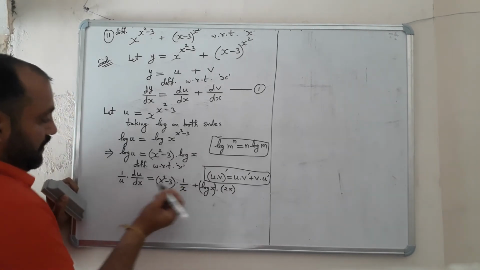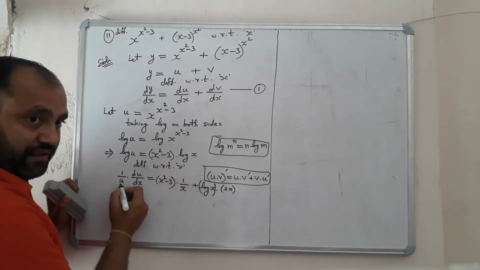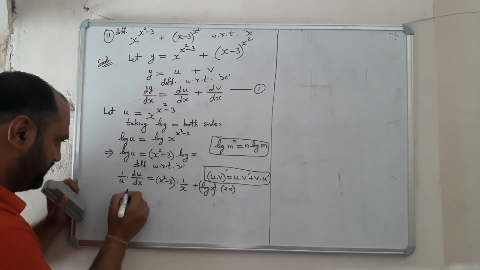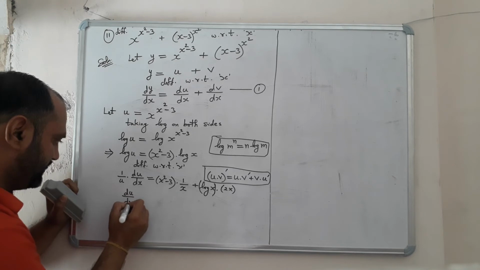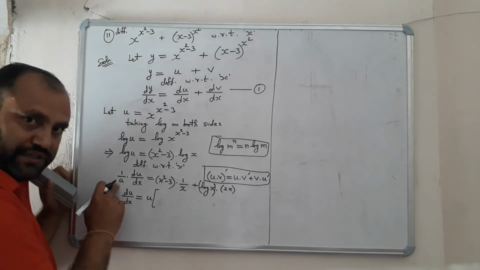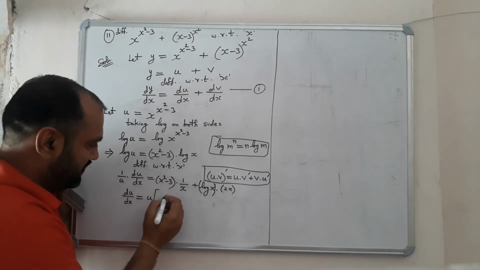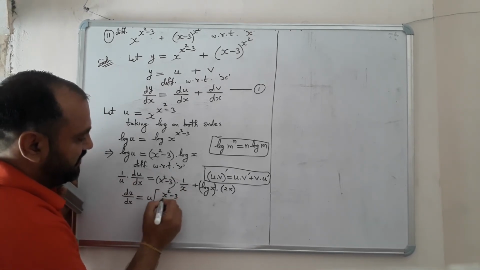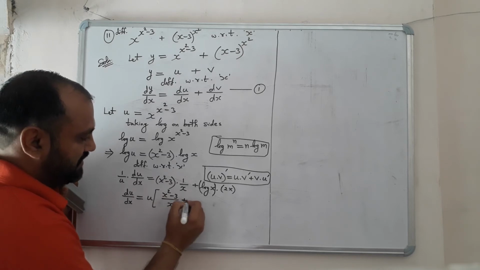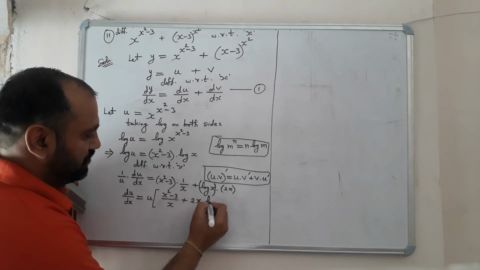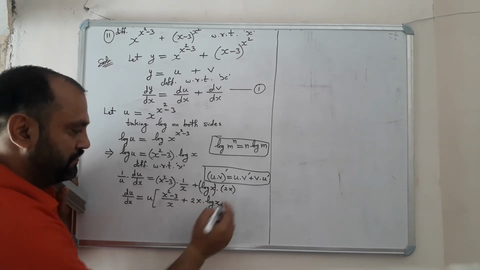Okay? Then we shift this u to the right side, we will get the answer du by dx is equal to u. I am shifting this u to the right-hand side, this becomes u into x square minus 3 upon x, plus I am writing this as 2x into log x.